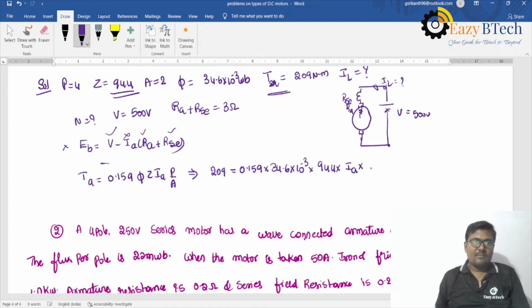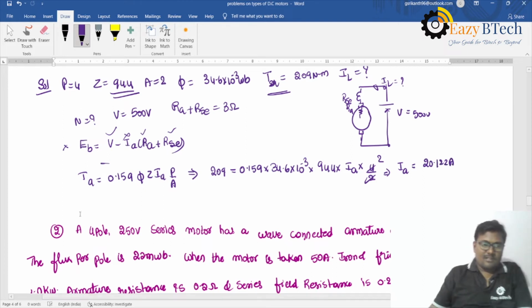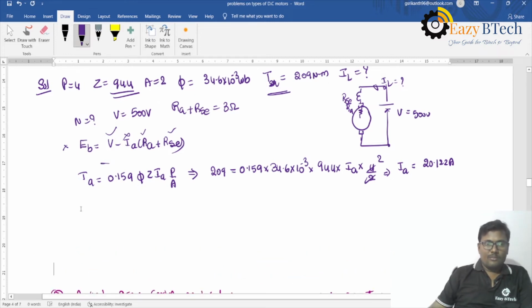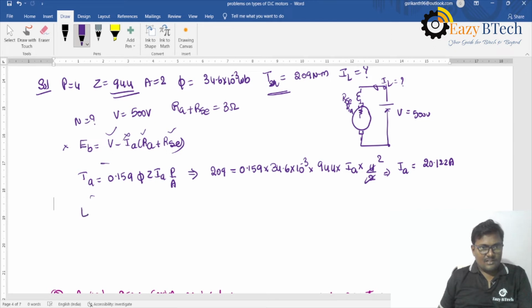The wave winding means the number of parallel paths is 2. So from this I can calculate the Ia value, which is 20.122 amperes. Then substitute in the back EMF equation.